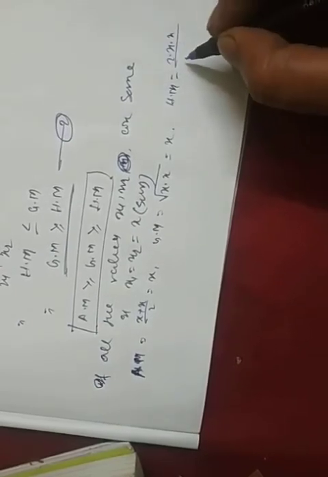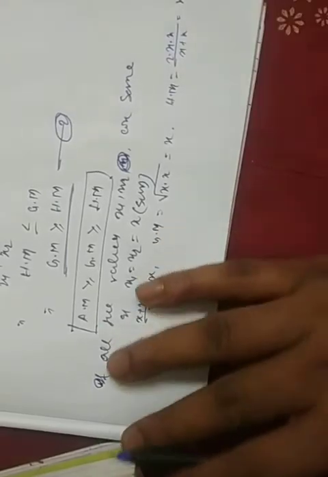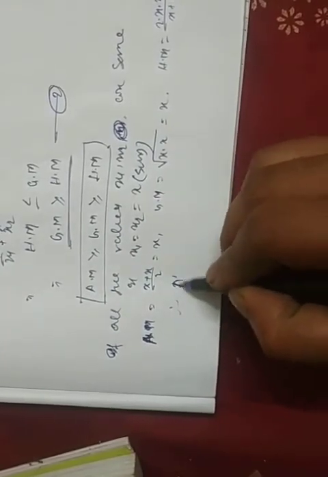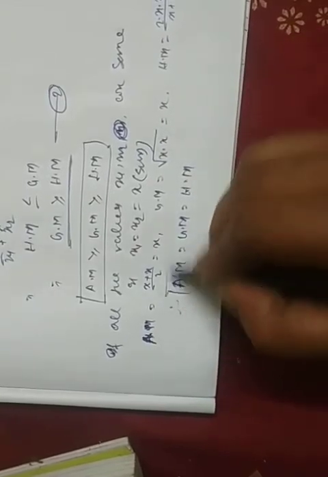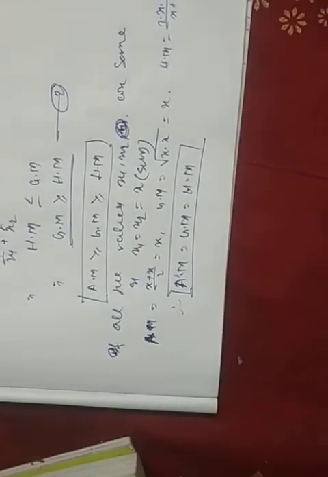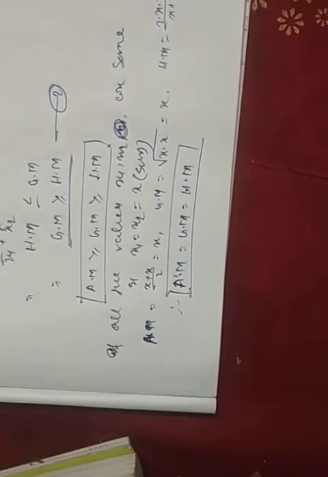HM will be 2 into x into x divided by x plus x, that is 2x square divided by 2x, which is only x. We get AM equals GM equals HM. So this is the case if all the values of the data of a given variable are the same, then the arithmetic mean, geometric mean and harmonic mean will be the same.